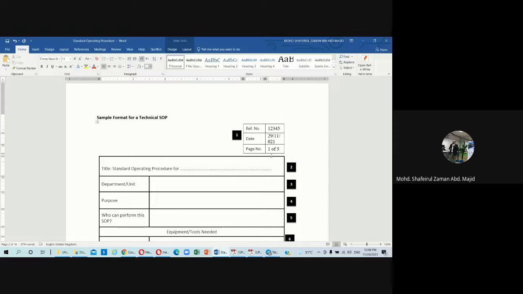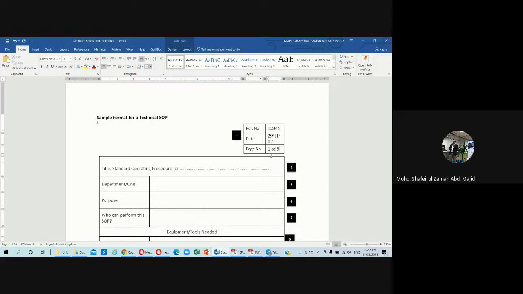So that when you read the SOP, you will know that it has 5 pages altogether. And when you scroll through it, you find out that there are only 4 pages. You are missing 1 page. So this is incomplete because it is not 5 pages altogether. That is the reason why the page number must be there and it follows the sequence.